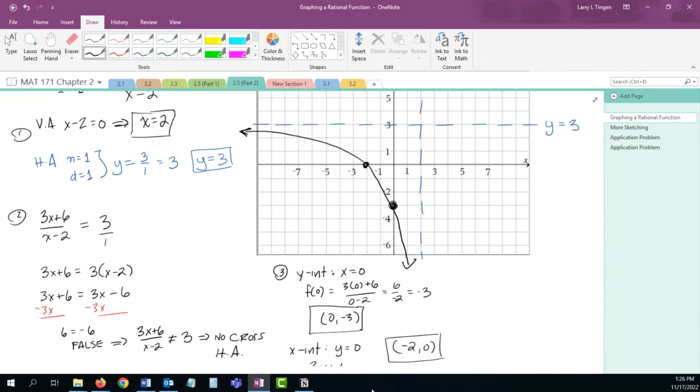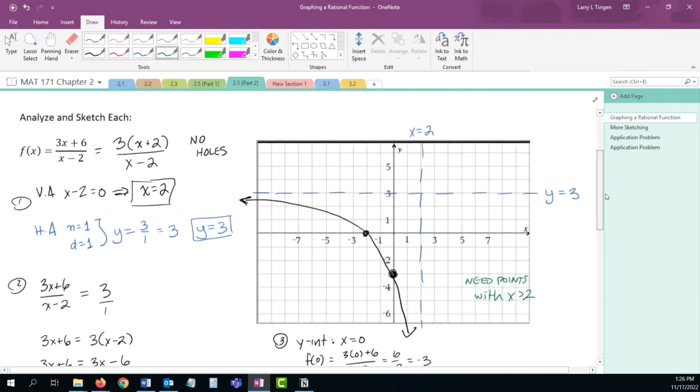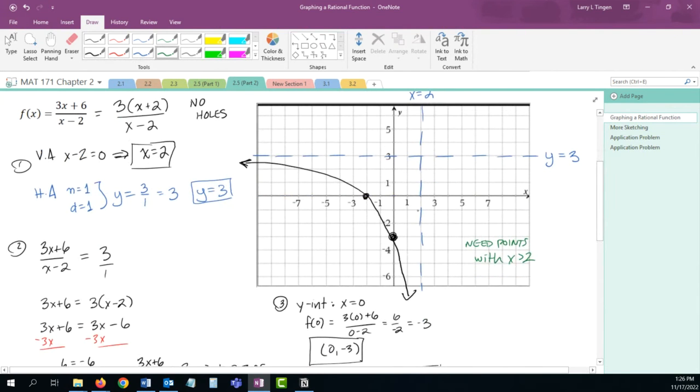All right, so that's part of my function. That's one section, but I need a point with x greater than 2 so that I know where this goes, right? Because this rational graph could be down here or it can be up here. Okay, I don't know which one it is.